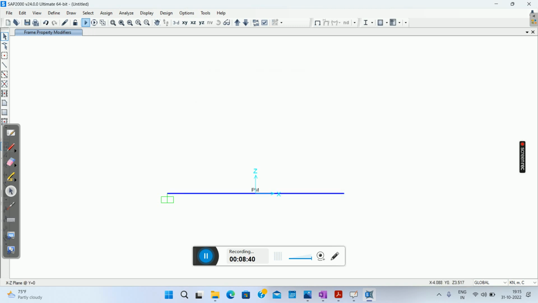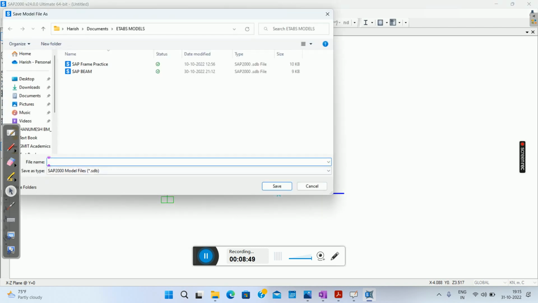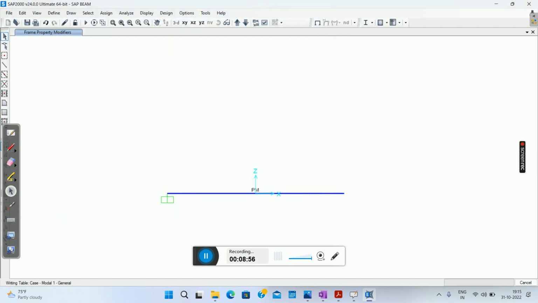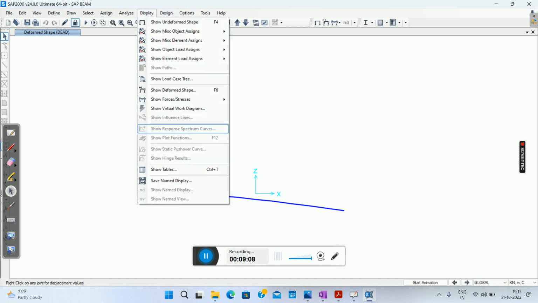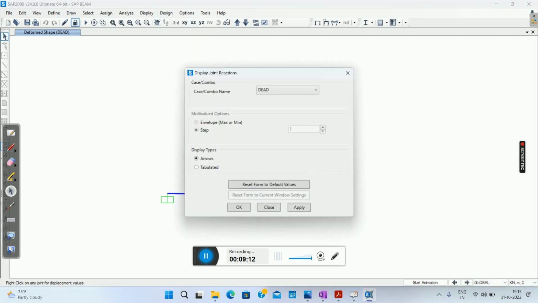So then run the analysis only for dead load. Save the file by giving appropriate name. See here. So then display forces, joints.